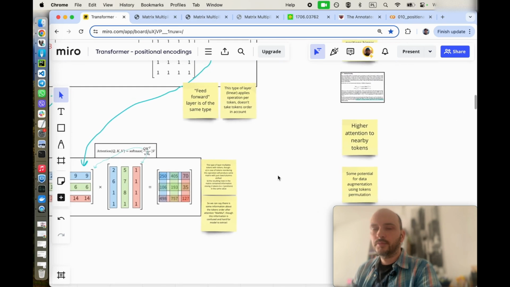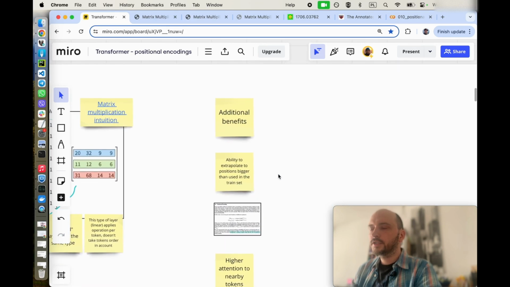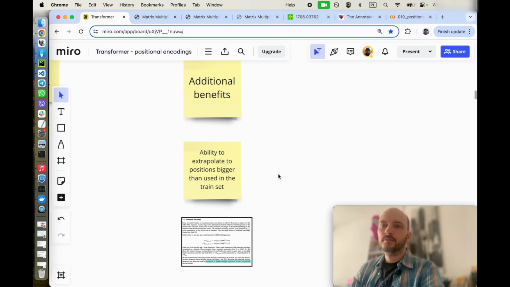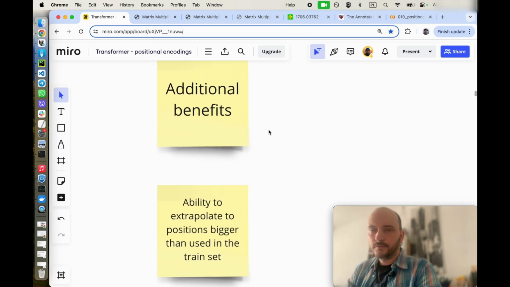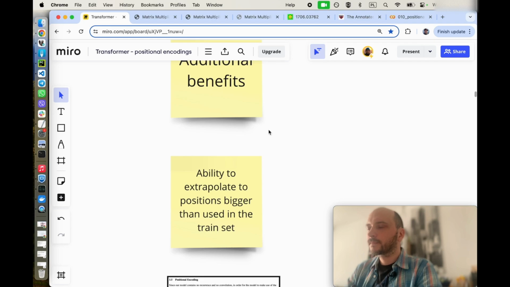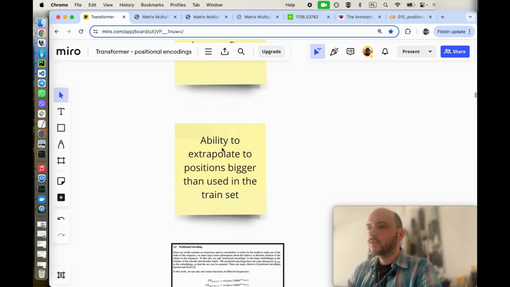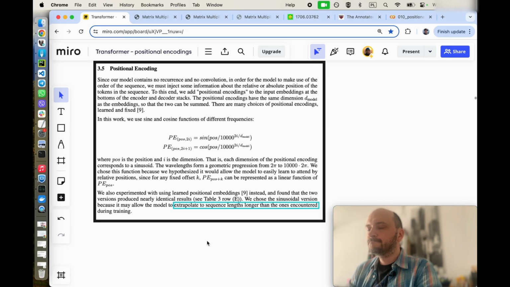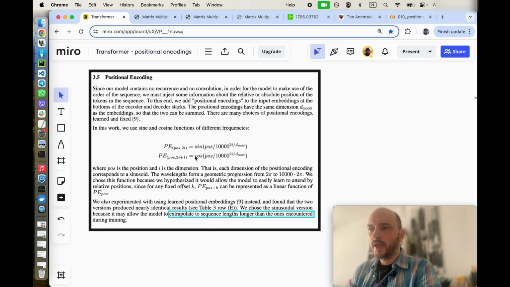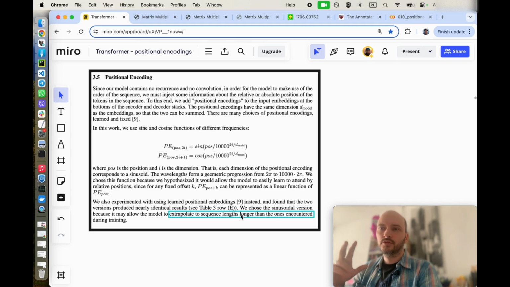And I will show a bit later how it's injected and how attention is amplified by this mechanism. And there are some additional benefits of adding the positional encodings in the architecture. First of all, the authors had a hypothesis that the way they added encodings in the architecture will allow them to extrapolate to longer sequence lengths.